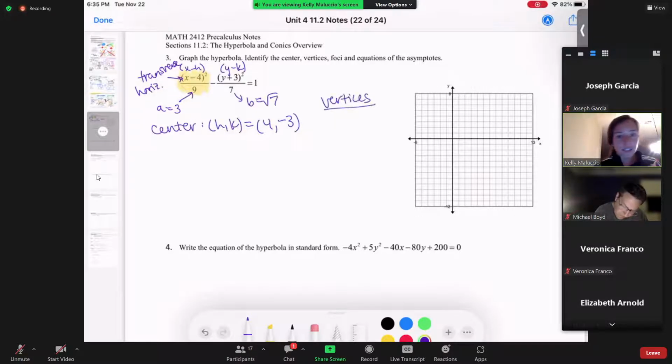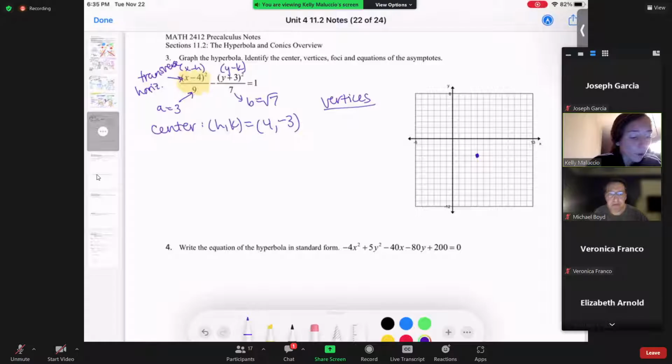So first I'll start with the vertices. If I graph this new center, so 4, 1, 2, 3, 4, -3, 1, 2, 3. Okay, so here's my new center. And I know the horizontal is my transverse. And I know A is 3. So usually we would start from 0 and go 3 to the right, 3 to the left, right?